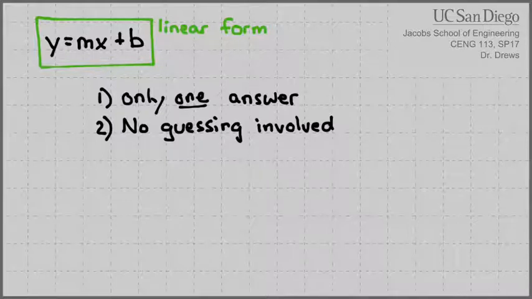It doesn't matter if 20 different people do it, they all have to get the same answer because nobody can start from a different location. In a linear type of form like this, there's only one answer because nobody has to guess anything, so nobody can guess anything different. The third reason that this is a really useful technique is because it can be done by eye.